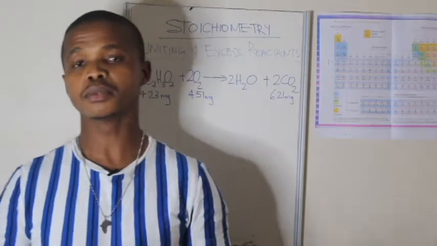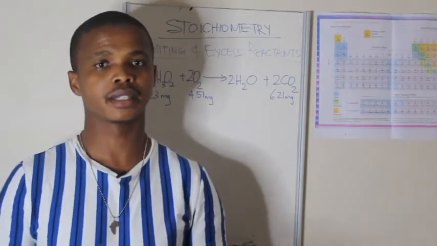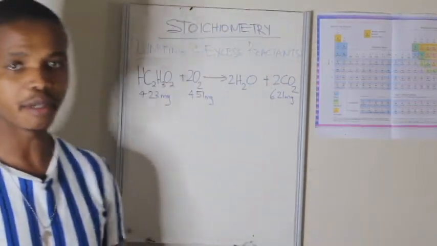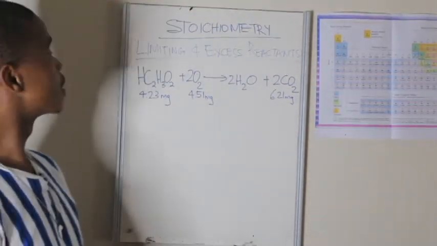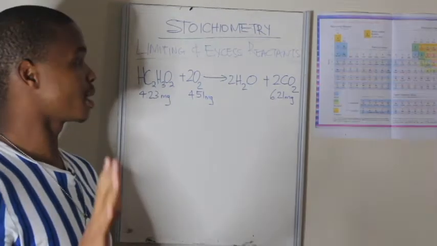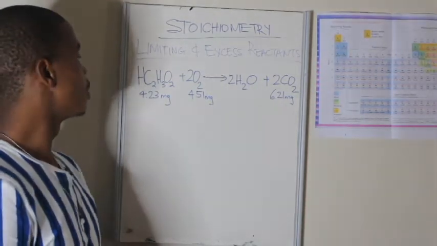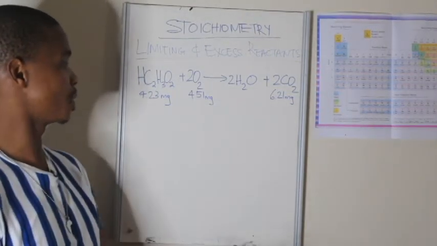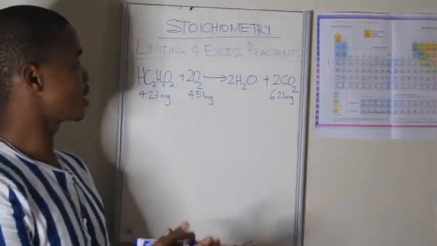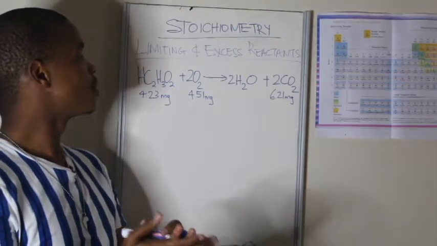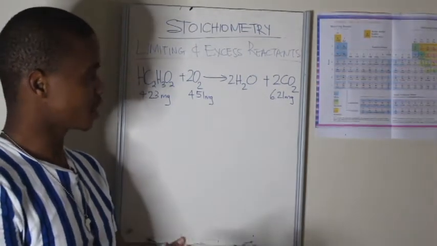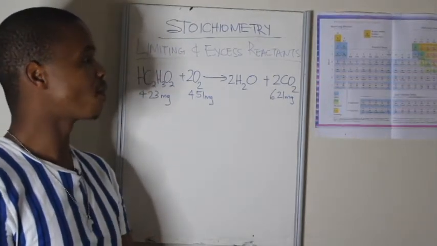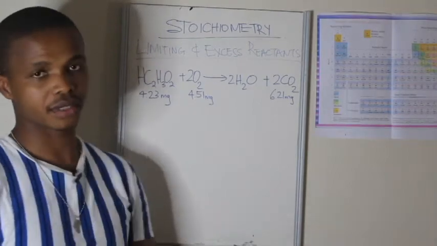Now let's look at what we already know to try and explain what the limiting reactant and the excess reactant are. Remember the last example in the last video, we said 4.23 milligrams of acetic acid and 4.51 milligrams of oxygen will give us 6.21 milligrams of carbon dioxide.